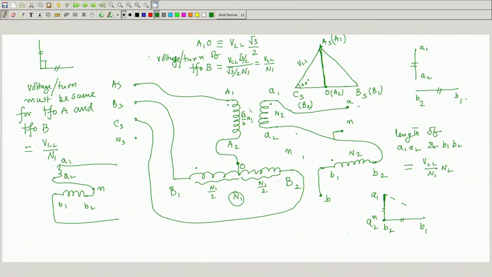So, this is transformer B having N1 turns, and also I will demand a 50% tapping available from the primary of transformer B, and then I will connect like this, connect it to a balanced 3 phase system, and the number of turns of primary of transformer A is not N1 as that of B, but it must be root 3 by 2 into N1, okay? And secondaries are connected like this. Is that clear? So, that is the thing.